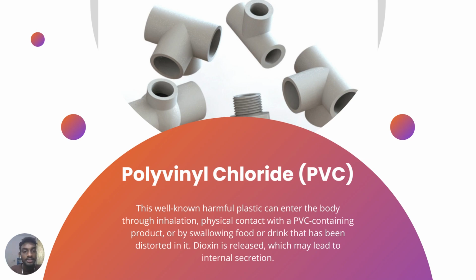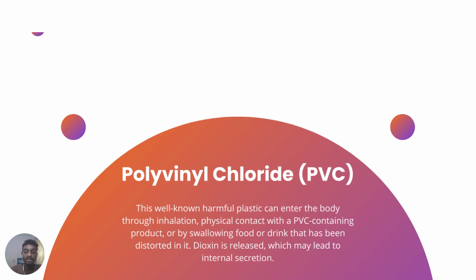Because mostly PVC is used in piping systems which carry water, if we want to consume the water from the pipe, we have to treat the water before consuming it. This will avoid us from getting diseases because dioxin is released, which may lead to internal secretion problems.